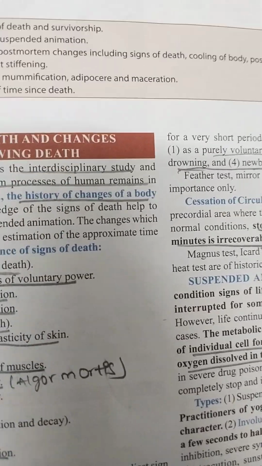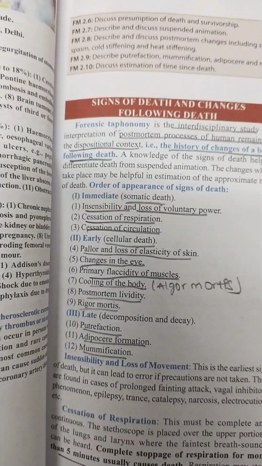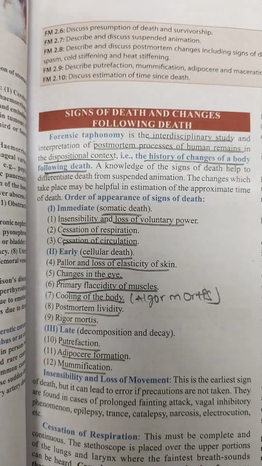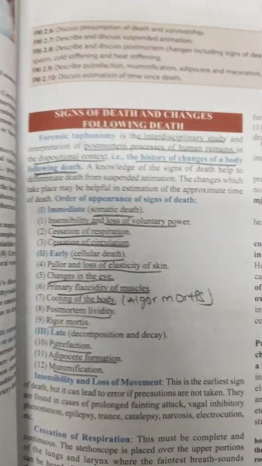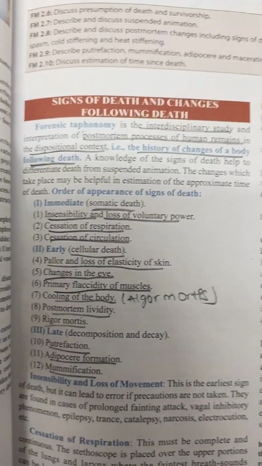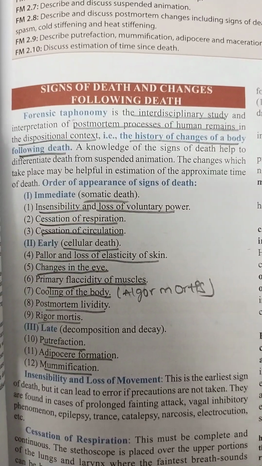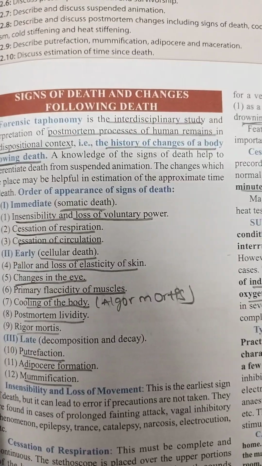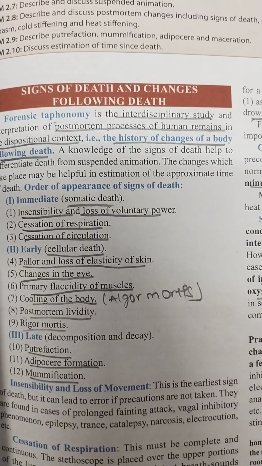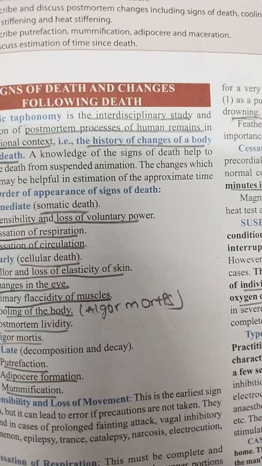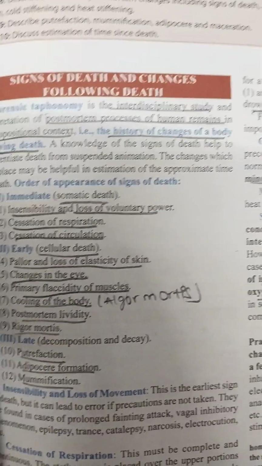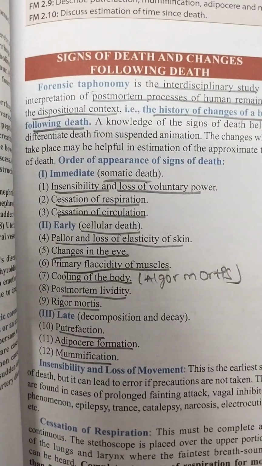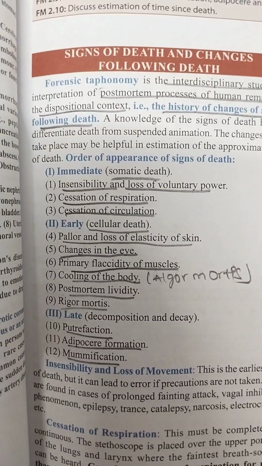But here it won't occur in rigor mortis, so there is stiffening only in the contracted state. There is no relaxed state of the muscles. Coming to late changes, which are decomposition and decay: humus formation, putrefaction, adipocere formation, and mummification will be seen. So let's discuss this in detail.